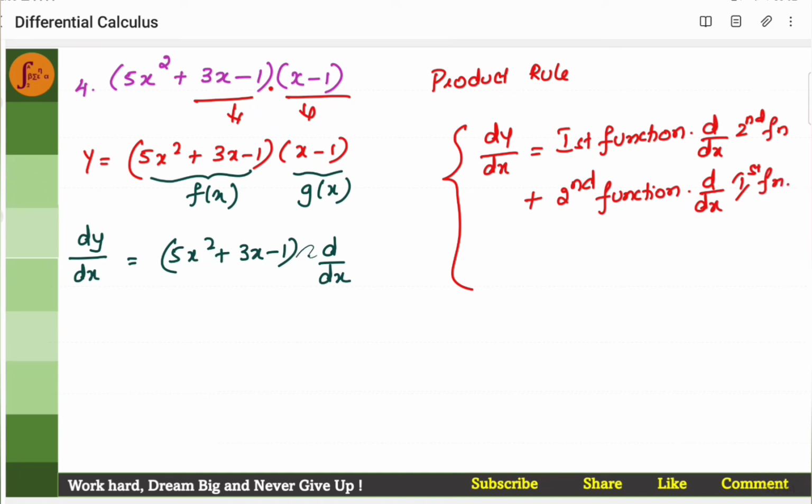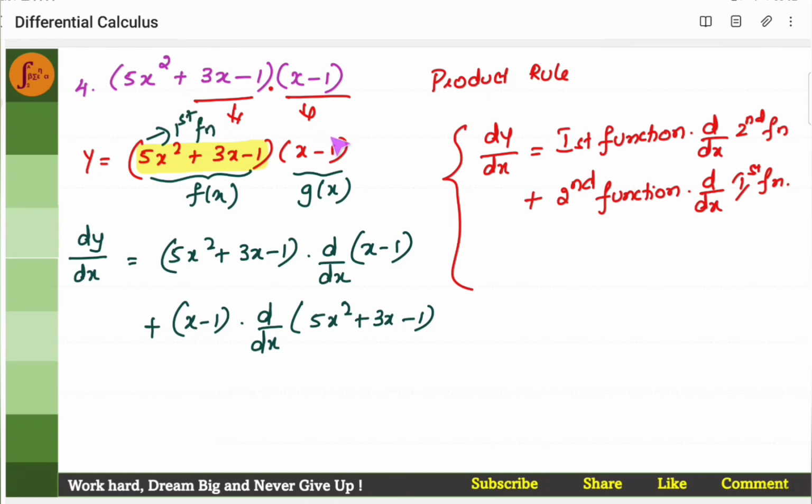So I've taken the first function here, derivative of second function, which is x minus 1, plus, now I'll take second function, x minus 1, into derivative of first function. What is first function? This one, 5x square plus 3x minus 1. So basically I'm calling this first function and this second function.